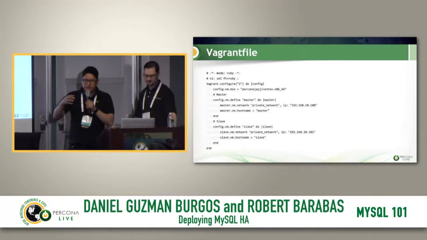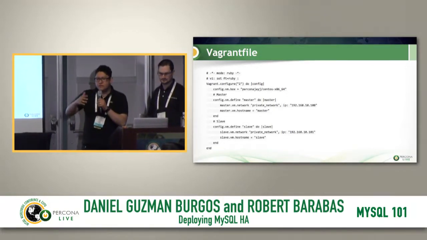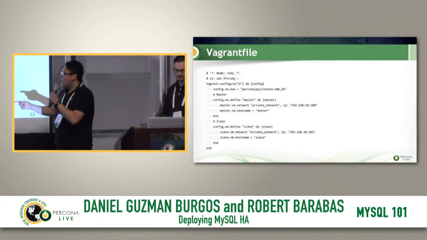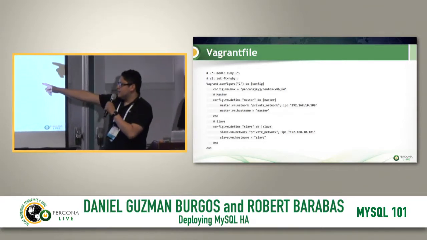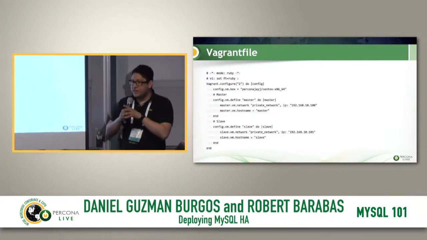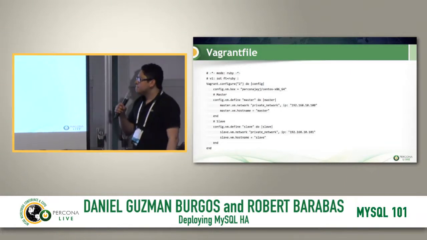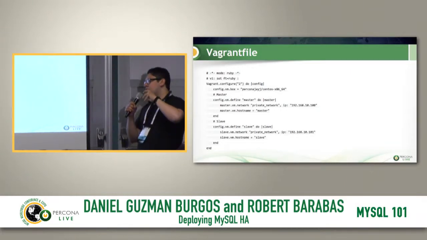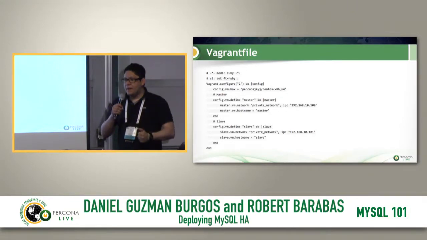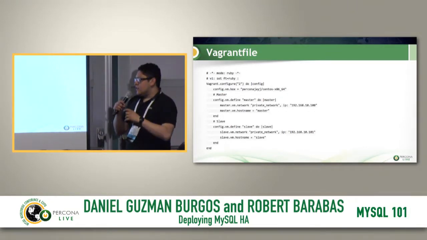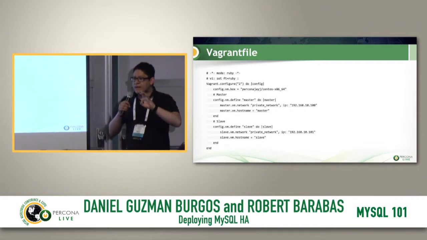That is going to be the source of all the VMs. In this case, the box is a CentOS 7 box that is gonna be downloaded from Vagrant Cloud, and that's a one-time only thing.